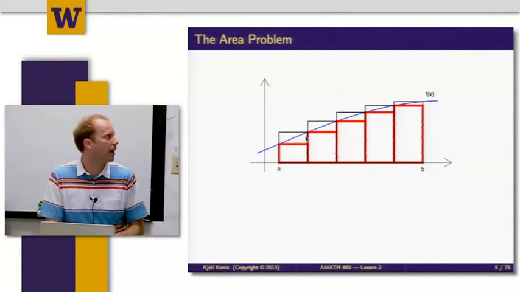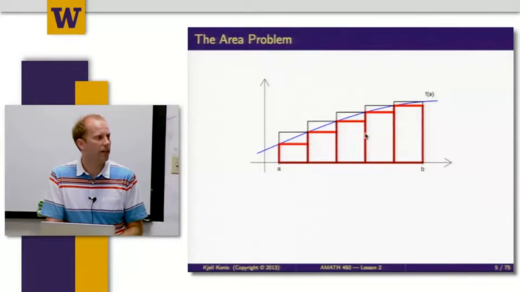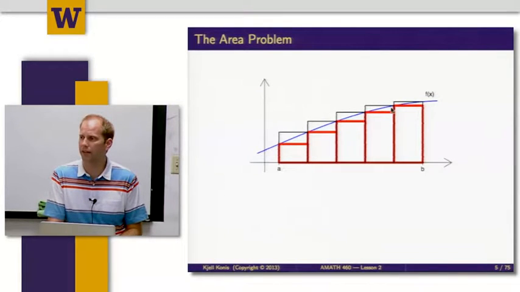And then I'm going to do just the opposite with the black rectangles. I'm going to evaluate those at the right side, so the top of each black rectangle is completely above the curve. Then my lower limit for the area underneath this curve is going to be the sum of the areas of the red rectangles, and the upper limit will be the sum of the areas of the black rectangles.